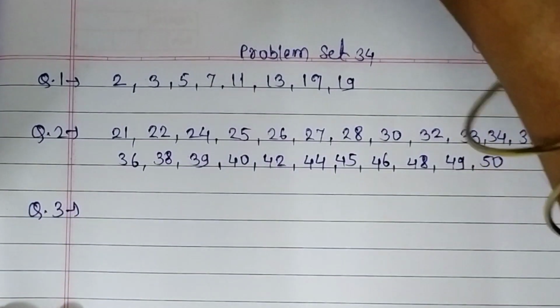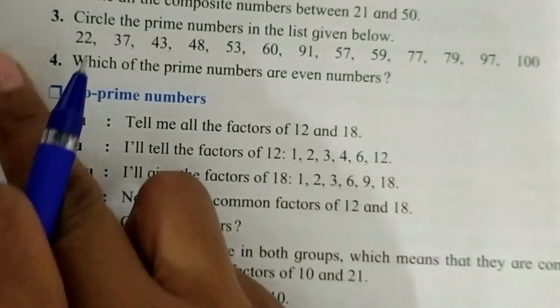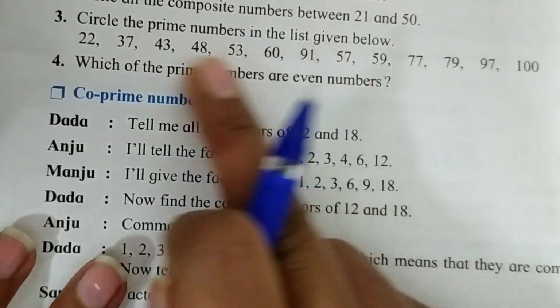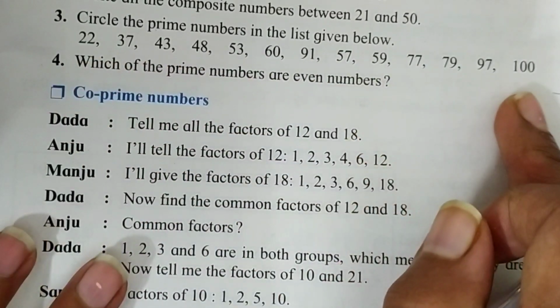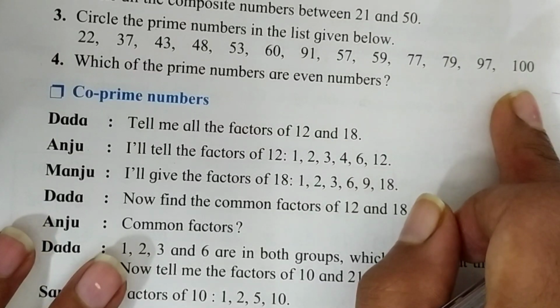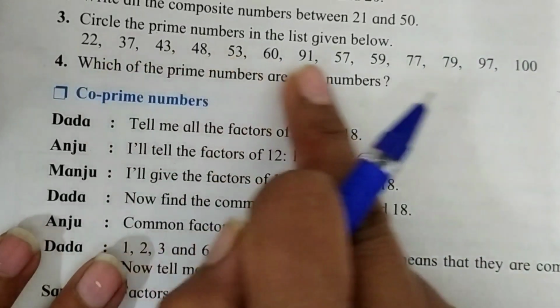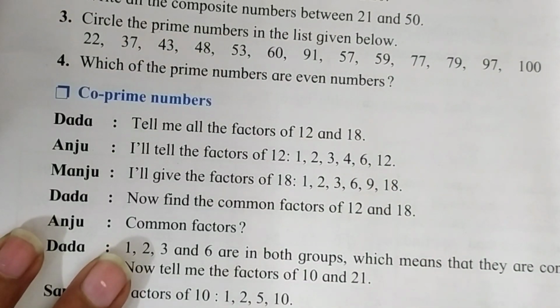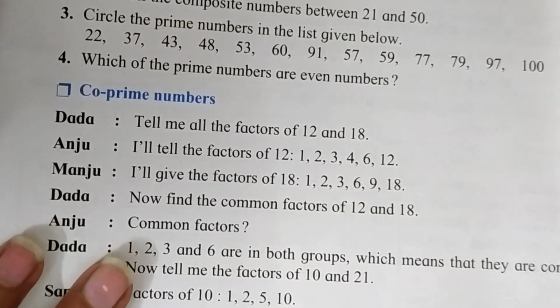Question number 3 is, circle the prime numbers in the list given below. Here they give some numbers and we have to find the prime numbers among these numbers. So let's write these numbers in our notebook first and then we are going to encircle them.